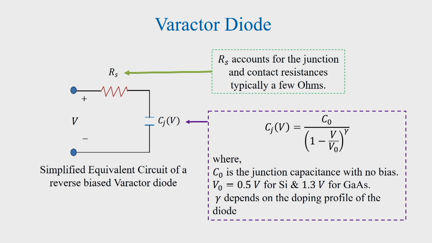The value of gamma depends on the doping profile of the diode. We know that a junction may be a step junction, it may be a graded junction.